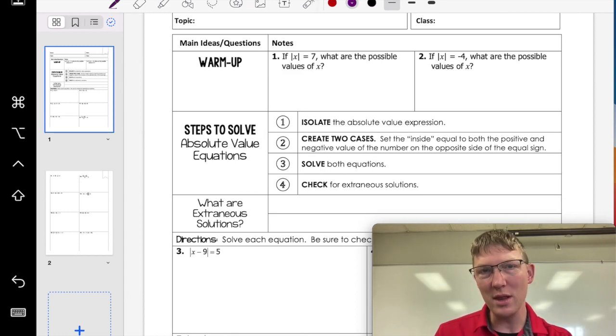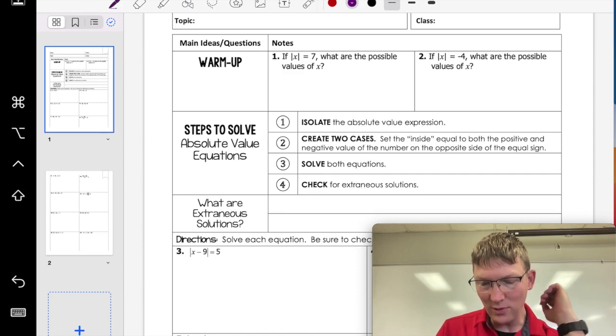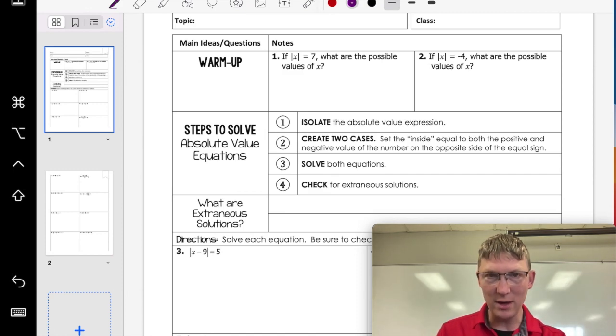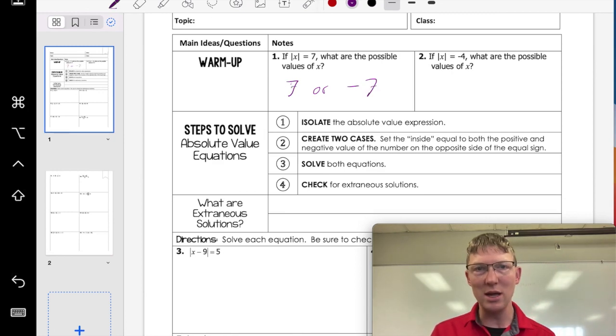But what an absolute value actually means is that x could be 7 or negative 7. That's the algebraic implication of absolute value: x could be positive or negative, and we need to take into account those situations.